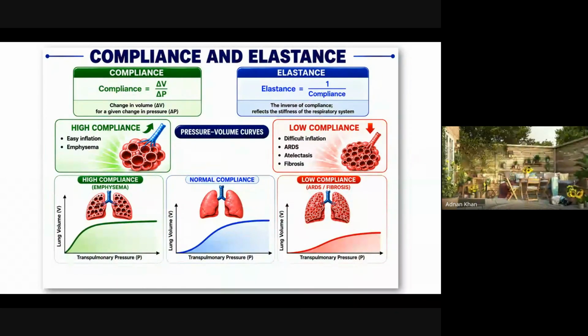On the left side of this slide, emphysema is an example of high compliance. These lungs inflate easily but have poor elastic recoil, which can lead to air trapping. On the right side, you can see acute respiratory distress syndrome, atelectasis, and fibrosis, which produce low compliance. Therefore, high pressure is required to deliver the same tidal volume.